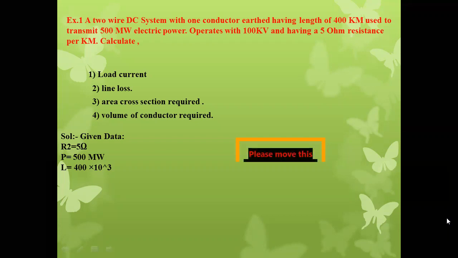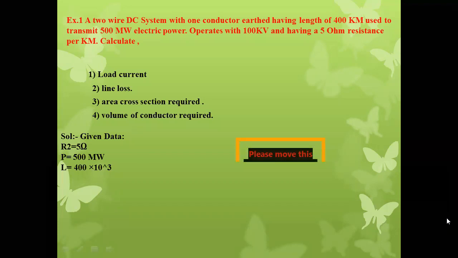Tell me anyone answer. Put the value for the P, rho, L, W. L should be converted into meter. Remember that unit conversion while solving the numericals is very important.